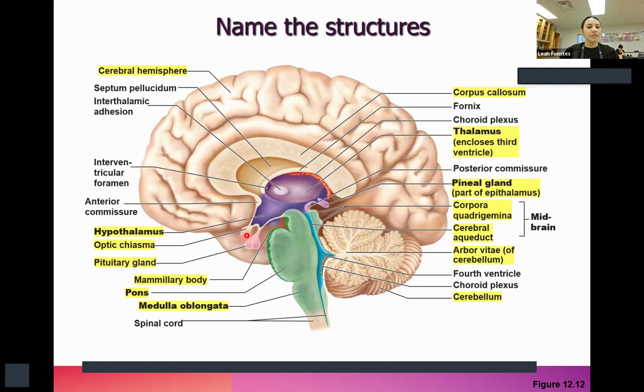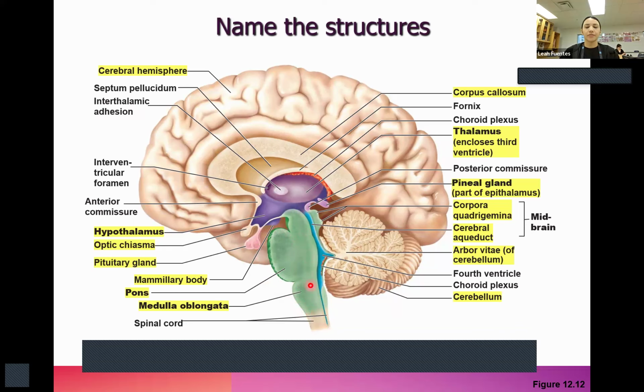Our optic chiasm is in here. And then right underneath that is our pituitary gland. Some of the more easily identifiable is our pons and medulla oblongata. So our pons right here, it's like a little extension. And then the medulla, which then the spinal cord.